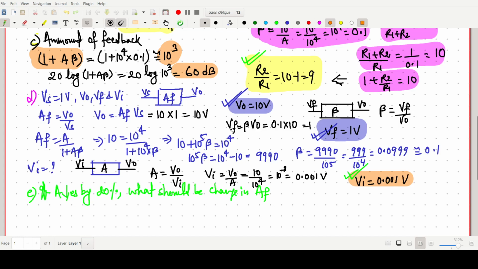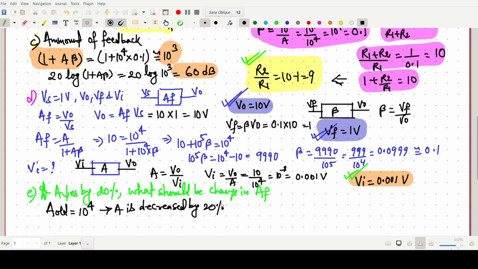The other parts are just formula based, but here we have to know some basic concepts. So in this case, if A is decreased by 20%, initially the old A value is 10 to the power 4. Now A is decreased by 20%.